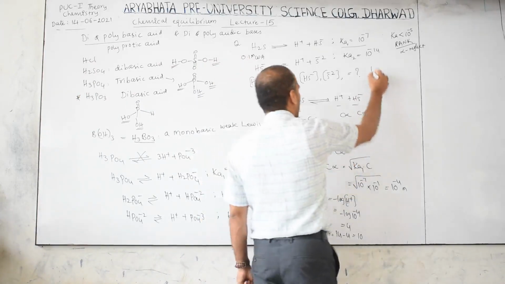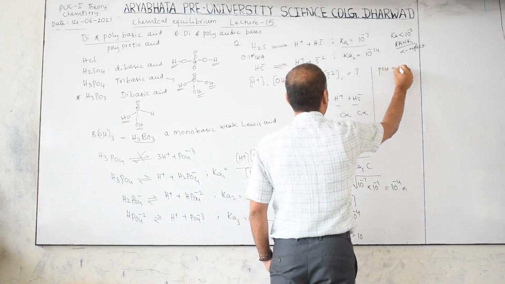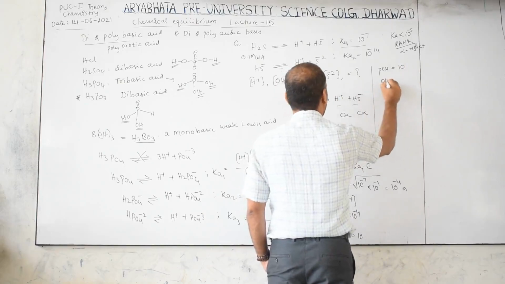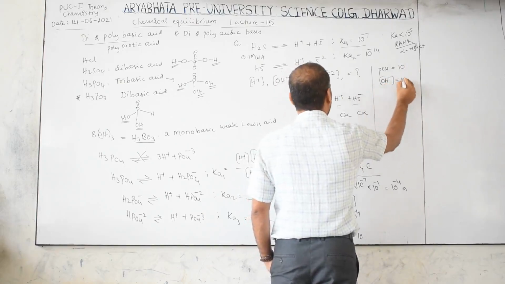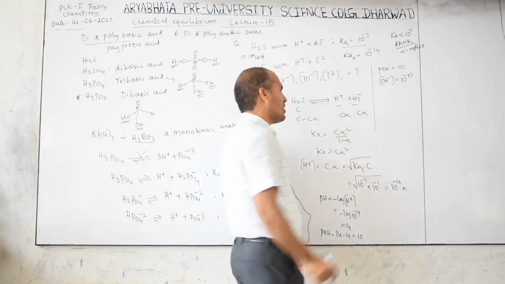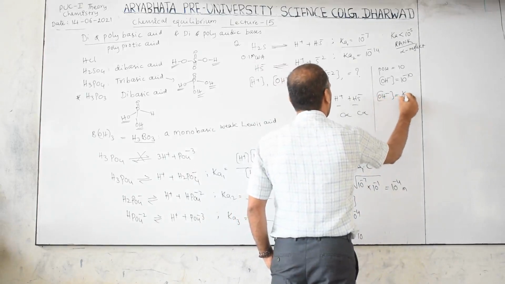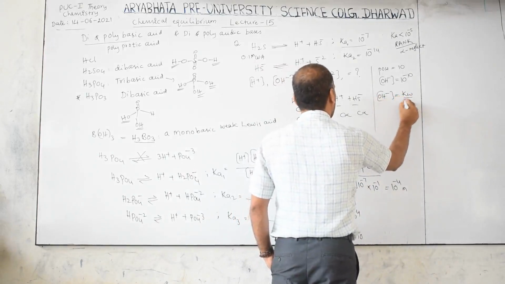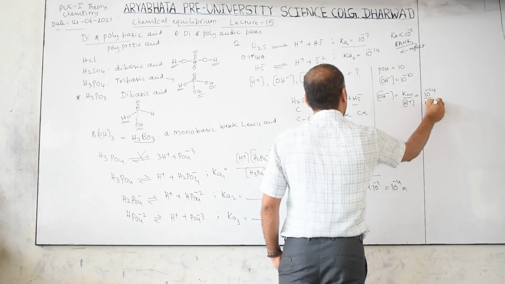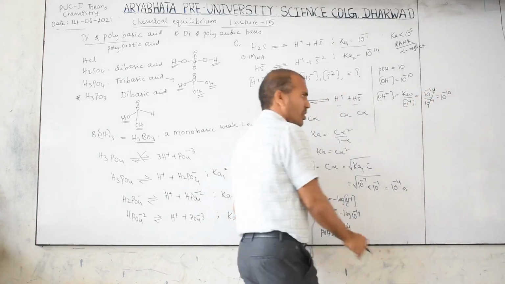When pOH is equal to 10, this can be represented as OH minus ion concentration is equal to 10 power minus 10. How to calculate OH minus ion concentration? That equals Kw by H plus ion concentration. Kw is 10 power minus 14, H plus concentration is 10 power minus 4, so 10 power minus 10 is the concentration.